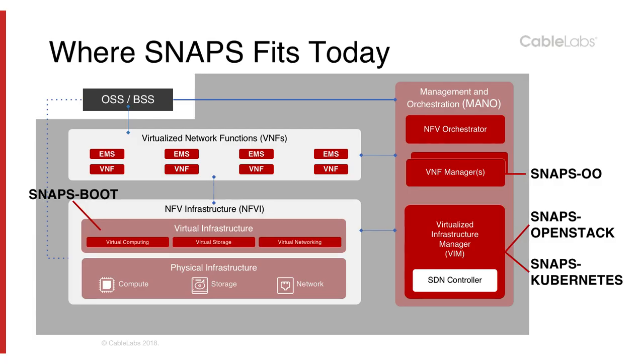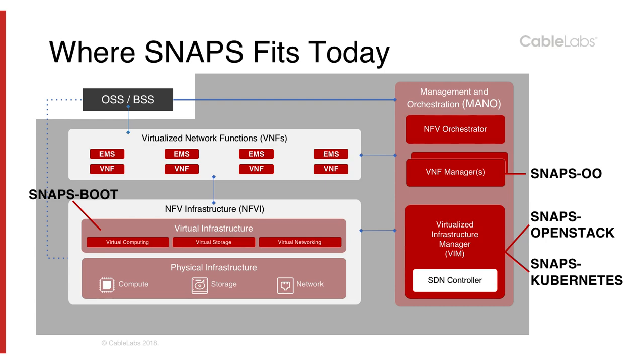With reference to the HC-NFV reference architecture, this is where all the SNAPS projects fit in. Now we are going to look at each of them in more detail, so don't worry if you don't fully understand what each one does. This is just an attempt to show where the different SNAPS projects fit.